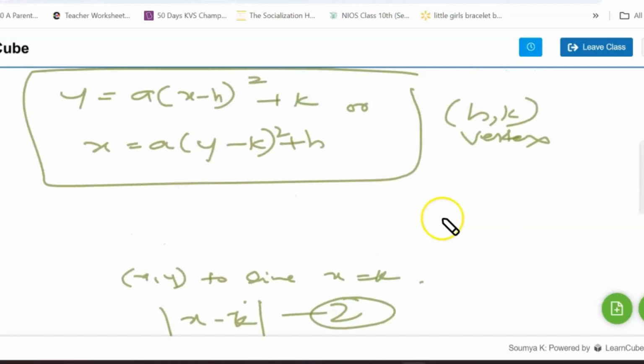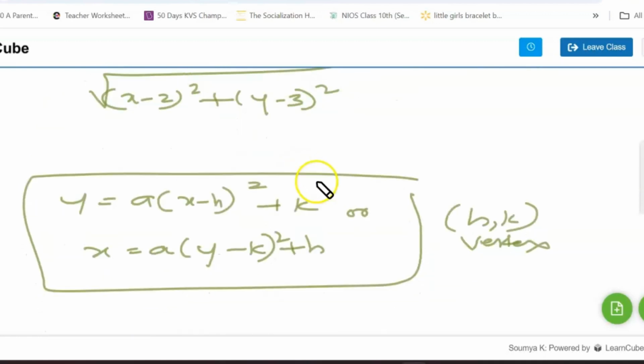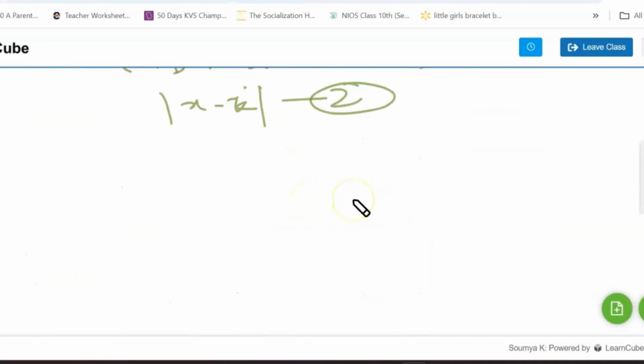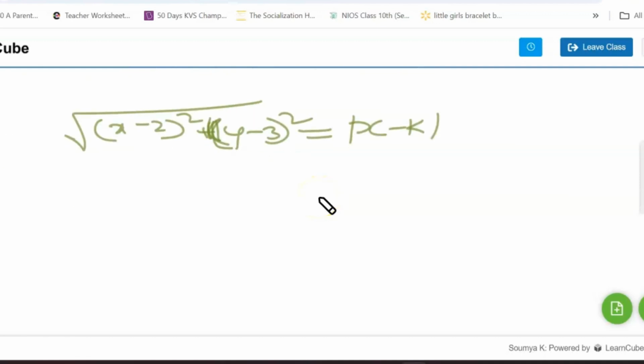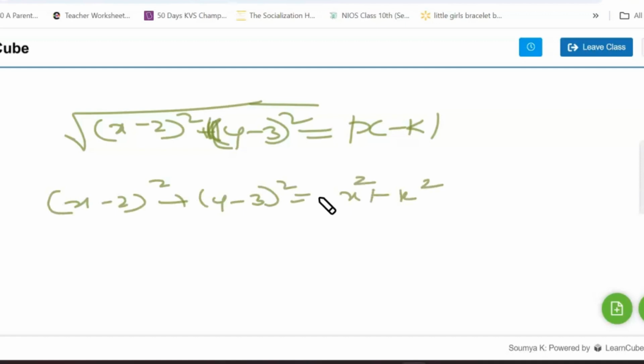Now since the property of the parabola says equation 1 and equation 2 are both the same, we can equate equations 1 and 2, and we will be getting x minus 2 the whole square plus y minus 3 the whole square equal to x minus k the whole square.